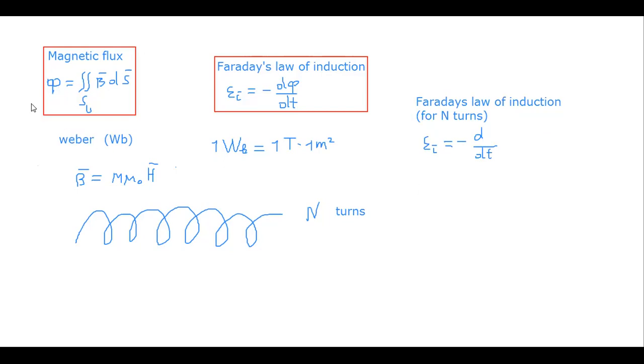This is Greek letter psi. And psi is equal to number of turns multiplied by magnetic flux, and this is flux linkage.